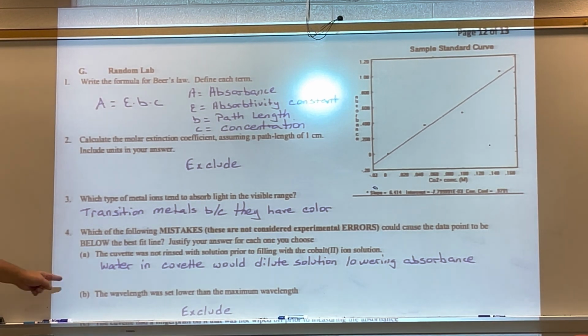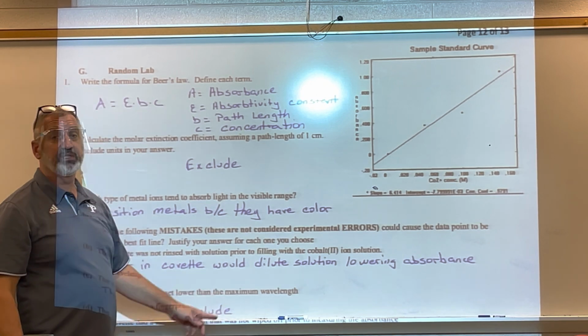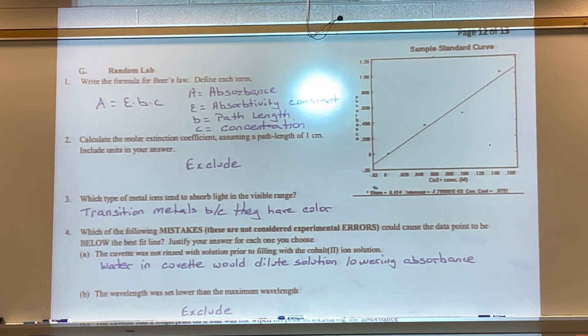All right, the cuvette was not rinsed with solution prior to filling with the cobalt-2 ion solution. Okay, remember you always want to rinse it with the solution because the water would dilute, lowering the absorbance. I really don't know the answer to B. I tried to look up the answer to B. I don't know what it is.